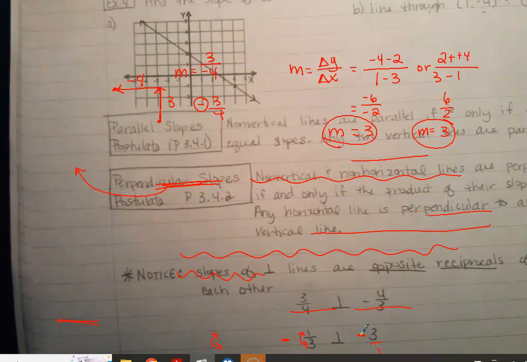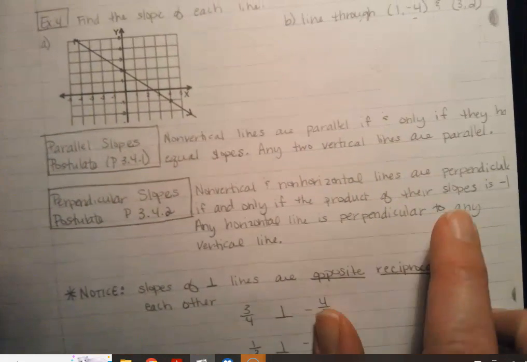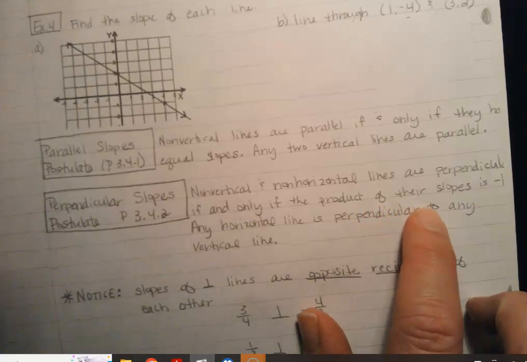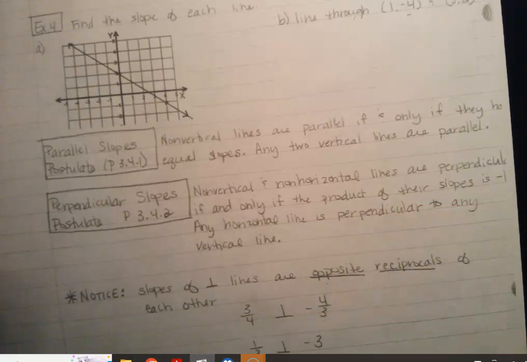Because if we multiply those, 1/3 times -3, right, the 3's cancel. So 1 times -1 is -1, and that's exactly what we said we had to have. The slopes of a perpendicular line have to have a product of -1. The product of their slopes is -1. Okay.